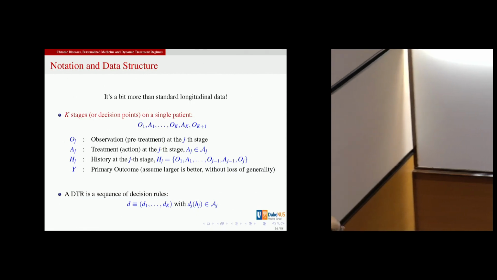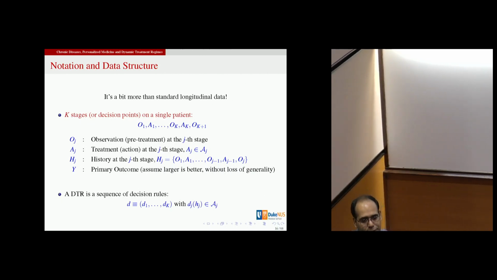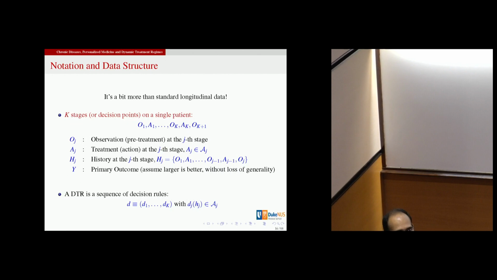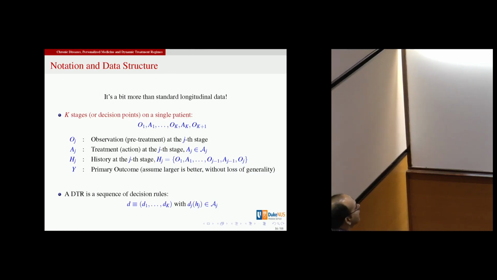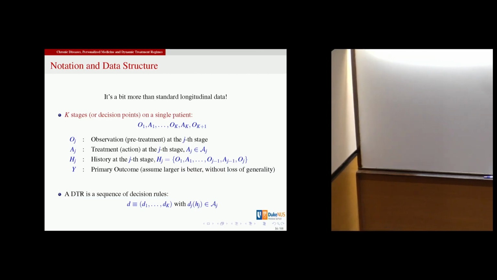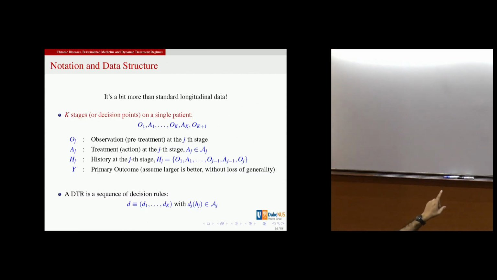So O_j, A_j, and this A_j can come from a small finite set, script A_j. It can be a binary treatment, 1, 0, or 1, minus 1, the way you want to code it. And then history, H_j, we define as the collection of all observations up to the current time point. H_j captures all the O's up to the jth time point, O_j. And it also captures all the treatments up to the j minus 1th time point, not the jth time point. It's pre-treatment at stage j.